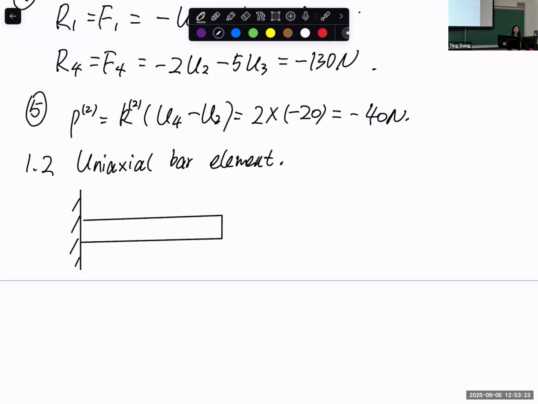Let's assume that we have one bar and a force applied at one end. It's clamped on the left side and force applied at the right side. Let's assume that the elongation is this red section. Of course, this is an exaggerated elongation.